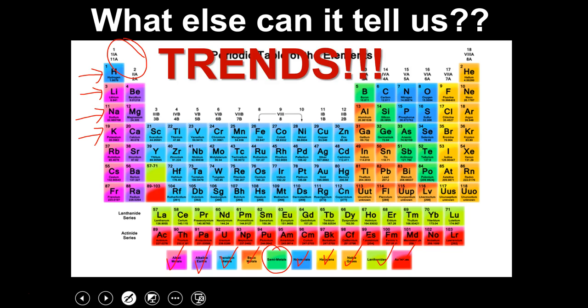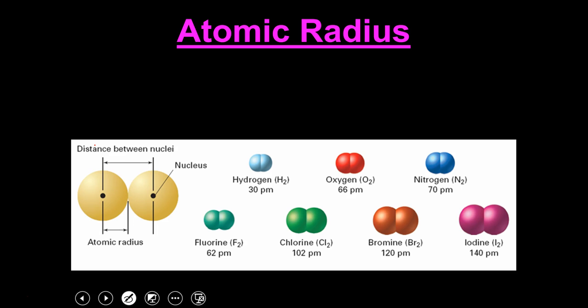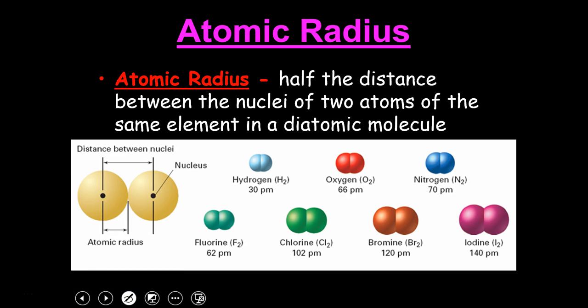The answer is yes. It can tell us a bunch of trends for a bunch of these properties we know about elements. So let's give an example of trends. The first trend we're going to talk about is atomic radius. And that's just, well, the radius of an atom from its nucleus to its outside.